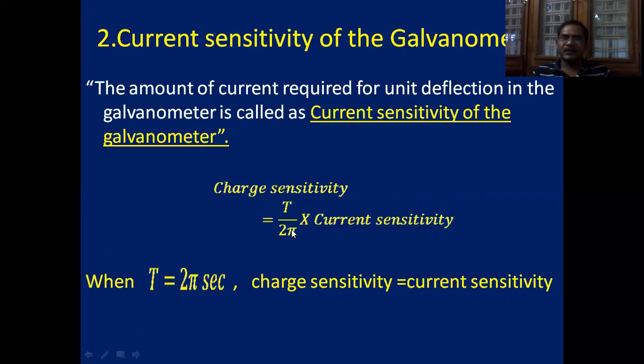In this expression, if you substitute T equal to 2 pi seconds, then charge sensitivity equals current sensitivity. So, for a time period of the coil of the ballistic galvanometer of 2 pi seconds, charge sensitivity equals current sensitivity.